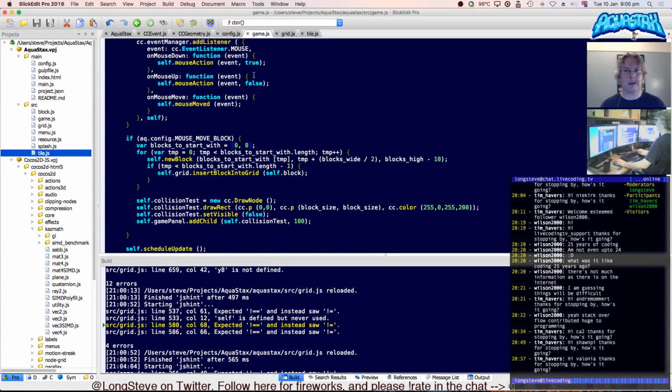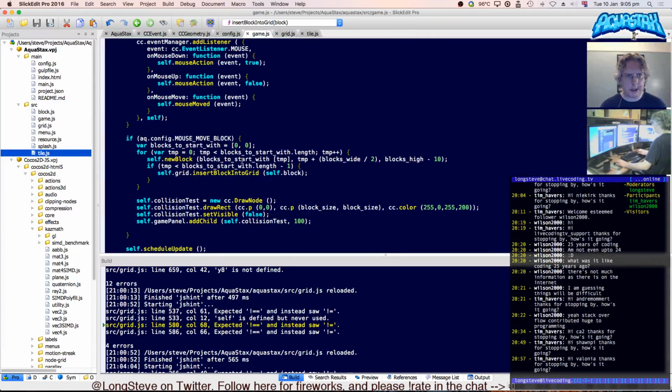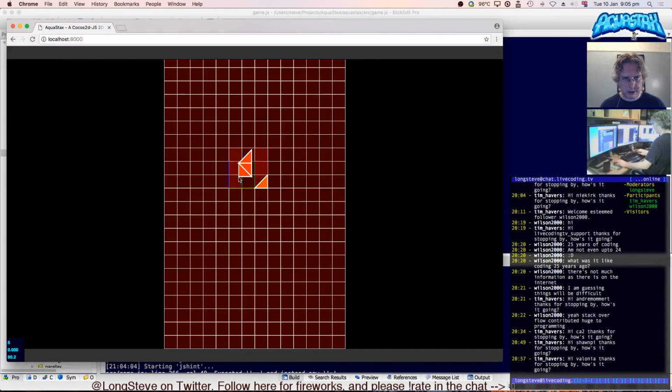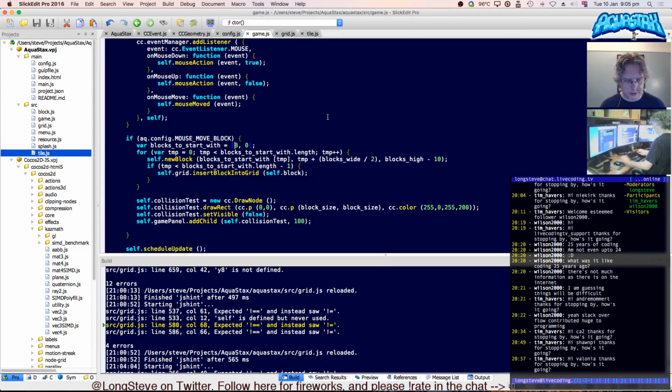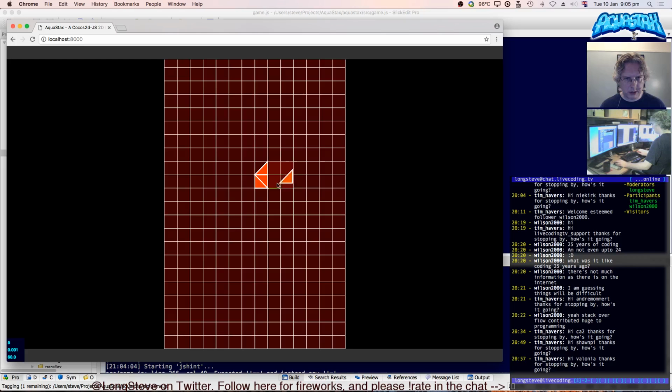Sorry, a moving block of a single grid square in size. So it can only be number 8 or number 3. No, that's the wrong way around. That's a 0 and that's an 8. Then that works okay. Yeah.